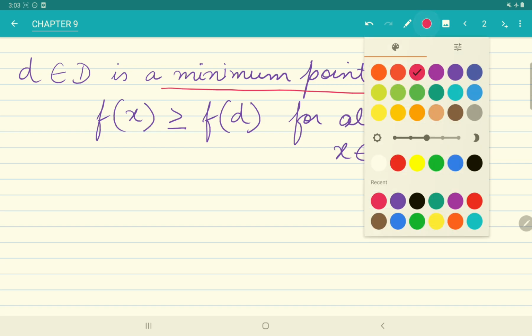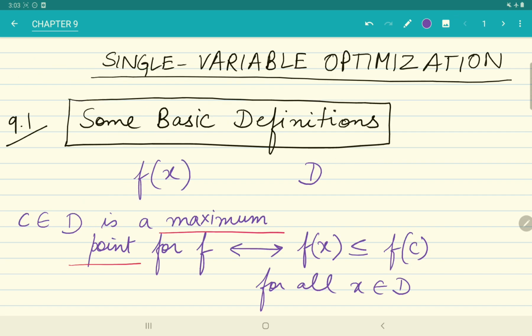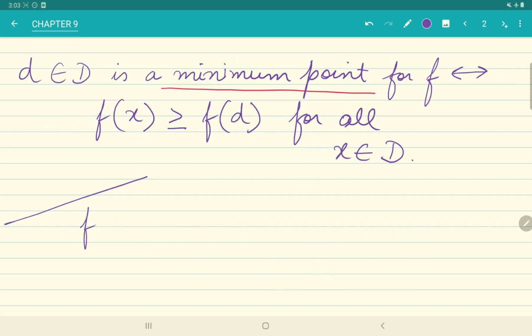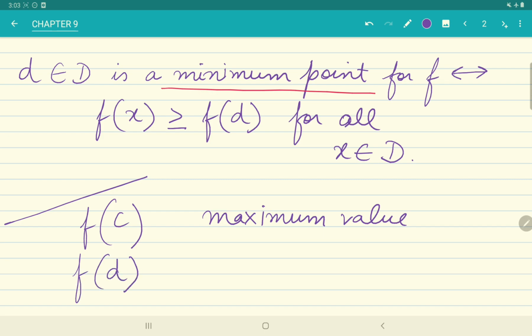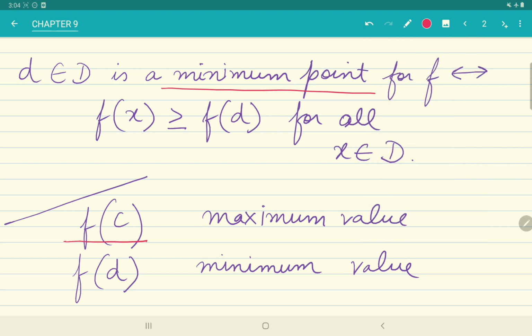So f of c is the maximum value of the function, and f of d would be the minimum value. So f of c is the maximum value, f of d is the minimum value.